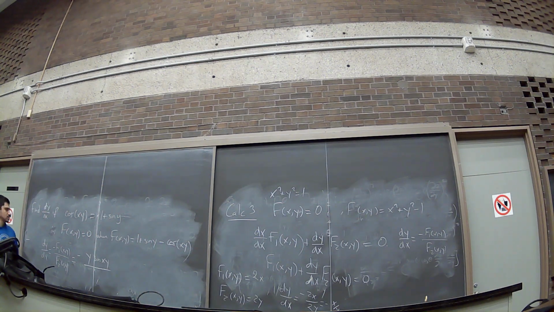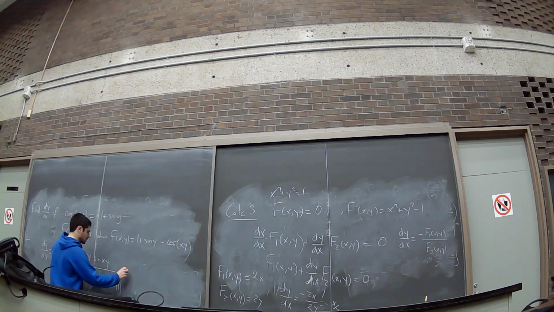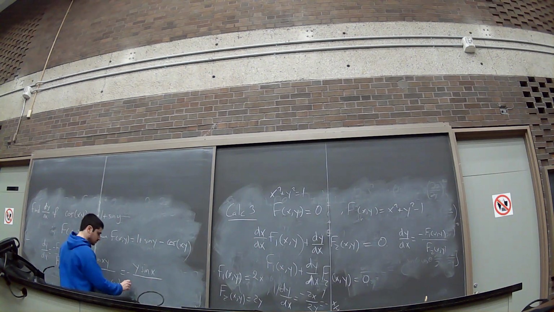So you get cos y minus, what's the derivative of cos? Minus sine, so you have to take an x into account, right? So xy derivative with respect to y is x, so minus x sine xy, and the whole thing is minus y sine xy divided by cos y plus x sine xy.